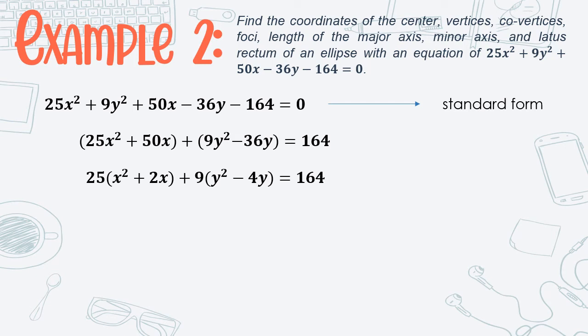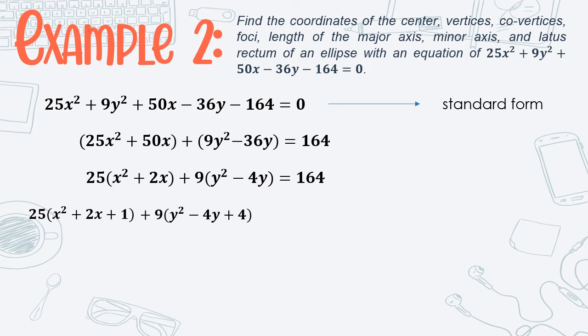Again, by using completing the square, we first get half of the first degree term or the second term. For x squared plus 2x, we have 2x divided by 2, that is 1. 1 squared, that is plus 1. Same with our next part, we have y squared minus 4y. Half of negative 4 is negative 2. Negative 2 squared is positive 4.